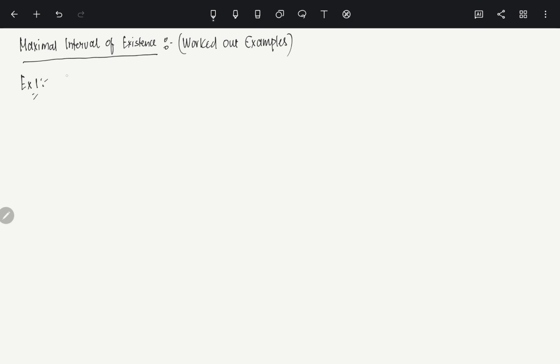Let's look at this problem. Let's say a one dimensional problem, right? So let's say y prime of t is given by cosine square y here, and y at the point 0, let us say it is 0.